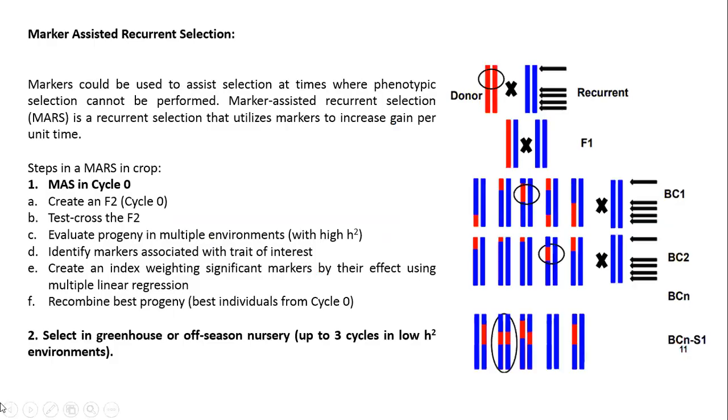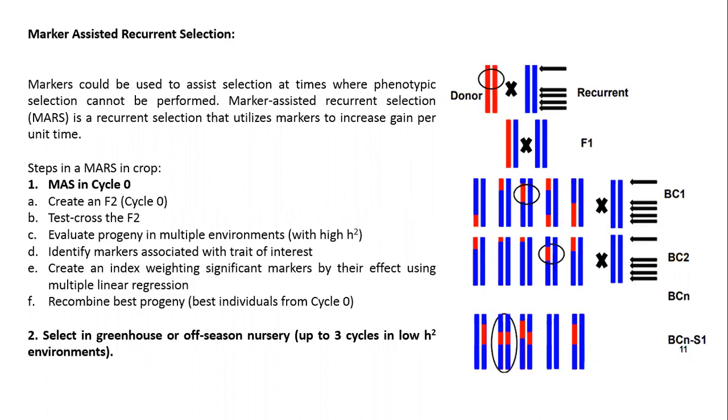In this figure, what I am describing to you, the donor plant is depicted here by red color, and the recurrent plant, that is the recessive one or the female one, is represented by the blue color.